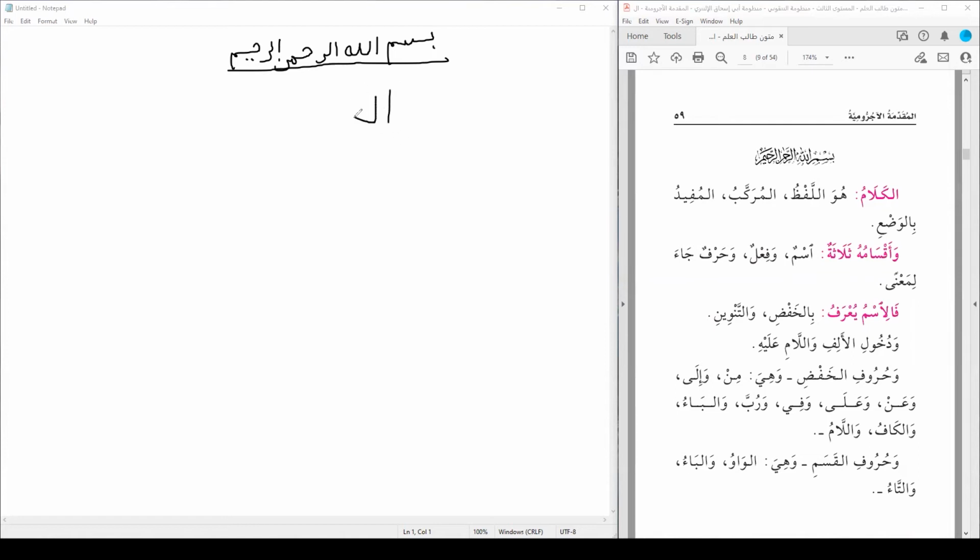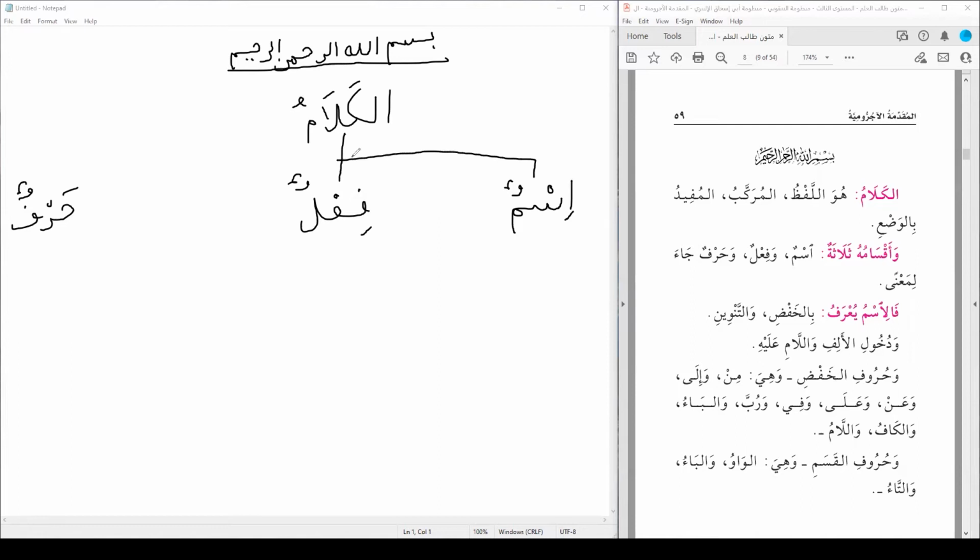So al-kalam can either contain an ism, a fi'l, or a harf. And this is the well-known principle that we all learn in the beginning when we're studying the Arabic language, the types of words.